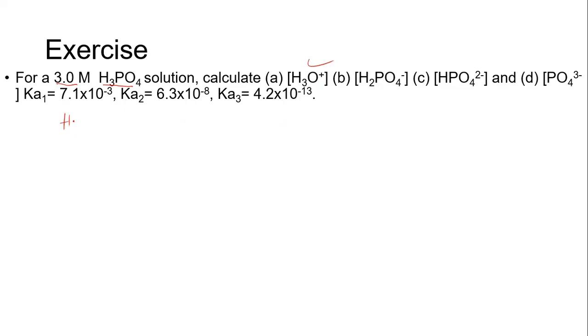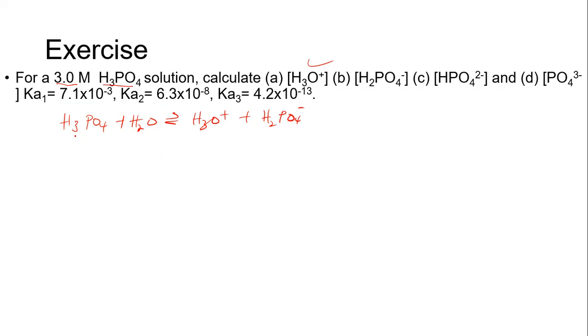Now the first thing I have to do is write an equation showing the dissociation of the H3PO4. So I have H3O plus and H2PO4 minus, right? Good.